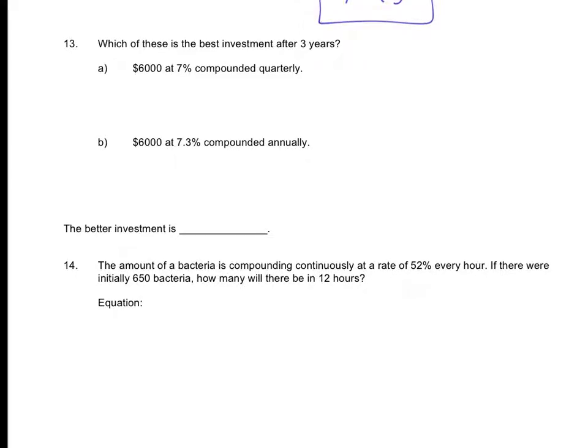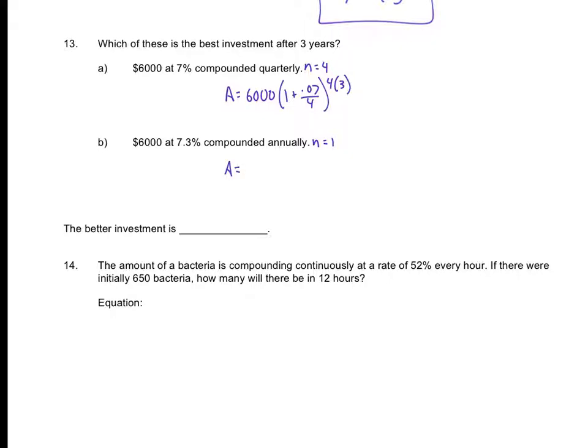So comparing investments, we're looking at quarterly versus annually. So n is going to be 4, and annually n is going to be 1. So a equals 6,000 times 1 plus 0.07 over 4 to the 4 times 3 power, since we're looking at 3 years.